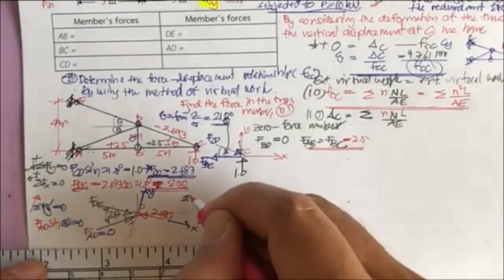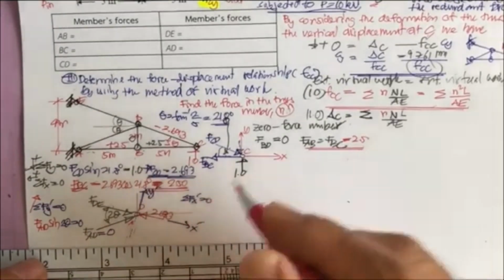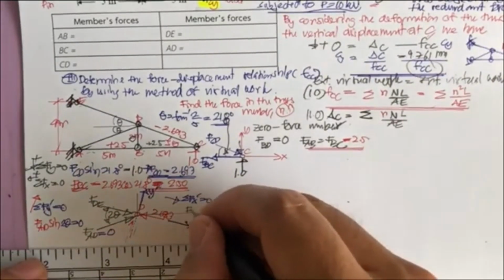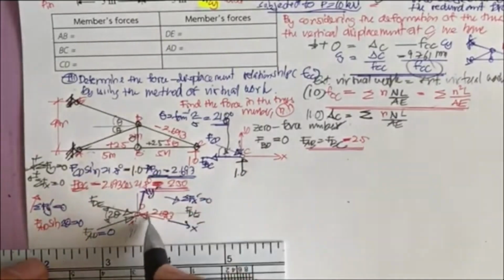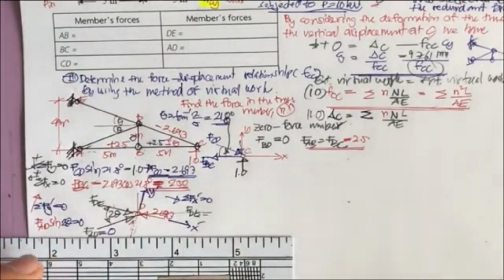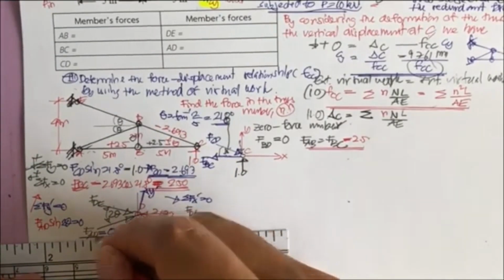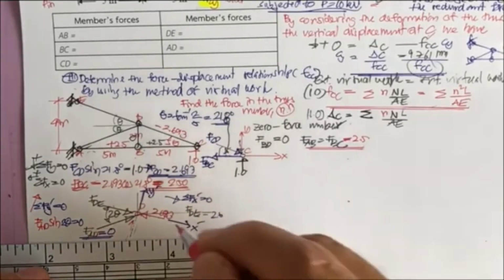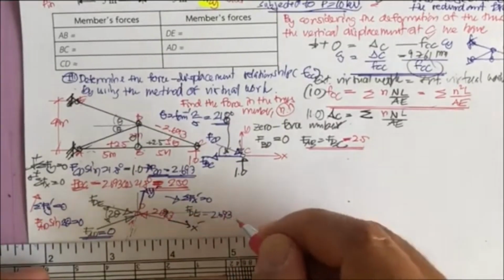And if you do the summation of F sub x prime equal to 0, putting this one, you got F sub DE, right? So this is going to be F sub DE, and it's going to be the same as this. So it's going to equal to 2.693.